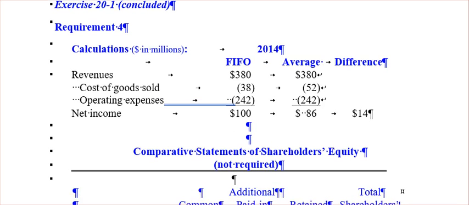And then in requirement 4, they say, what is the beginning adjustment which is required?